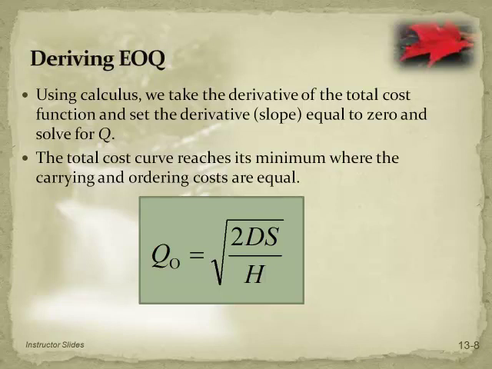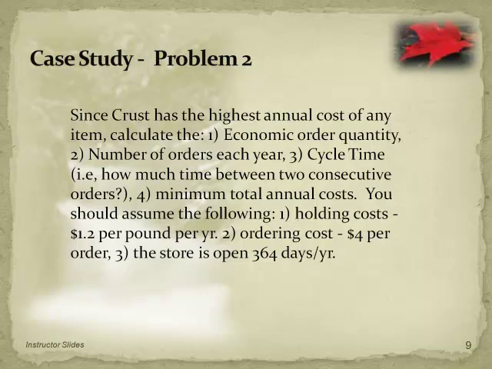Another simple way would be to take the carrying cost, which is Q over 2 times H, set it equal to the ordering cost, which is D over Q times S, and just solve algebraically for the variable Q. Either way, we're going to end up with the formula that the optimum quantity is equal to the square root of 2 times demand times the ordering cost S, divided by the holding cost H.